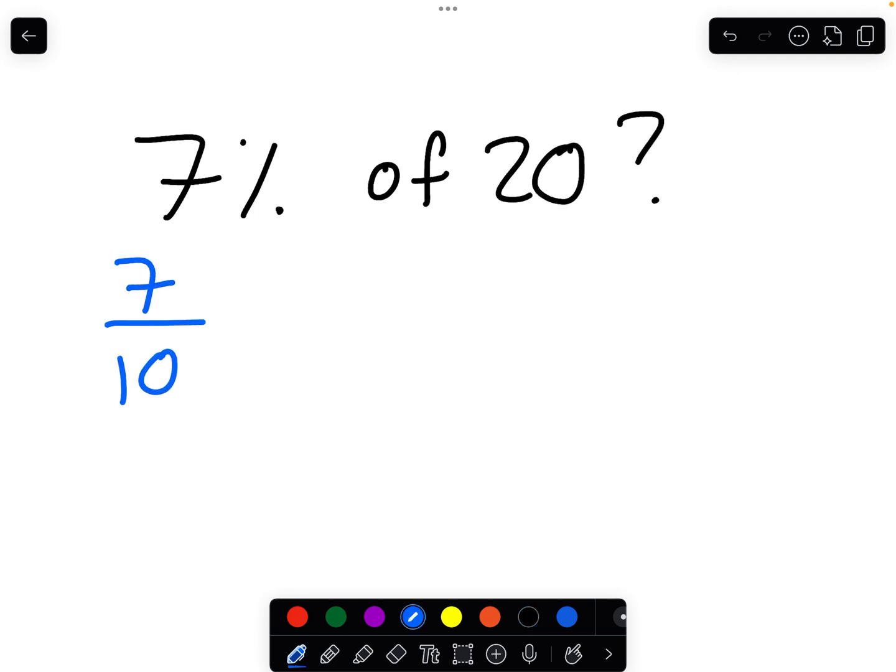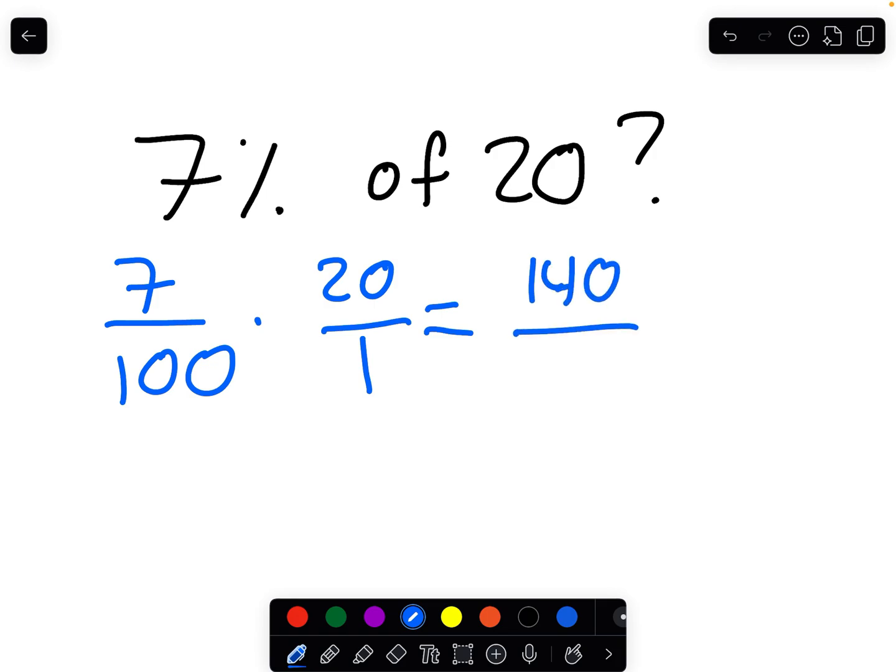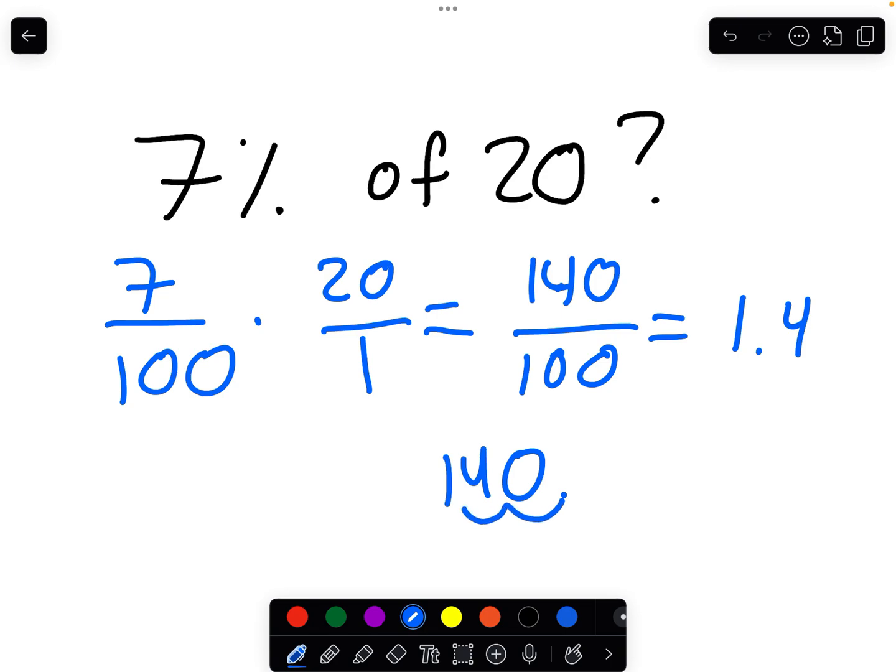We could do 7 over 100 times 20 over 1, which gives us 140 over 100, which is 1.4. Remember, 140 over 100, when we divide by 100, we move the decimal point over the number of zeros, which gives 1.4. So that's one way of solving it.